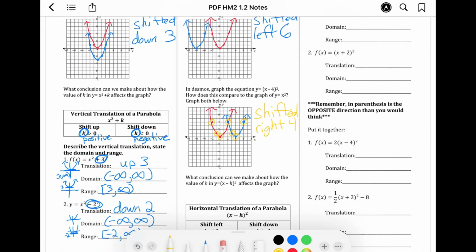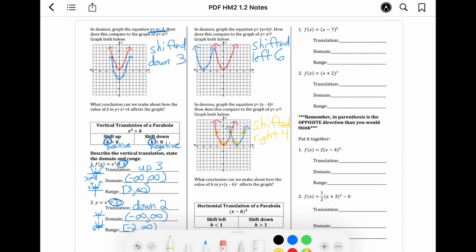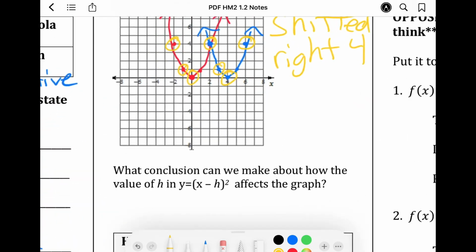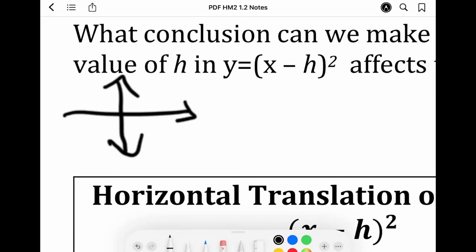So with these, the conclusion is that if our h is positive, then we're moving to the left. If it is negative, we're moving to the right. So a trick is that if you think of an x-axis, on the left side, are x's positive or negative?